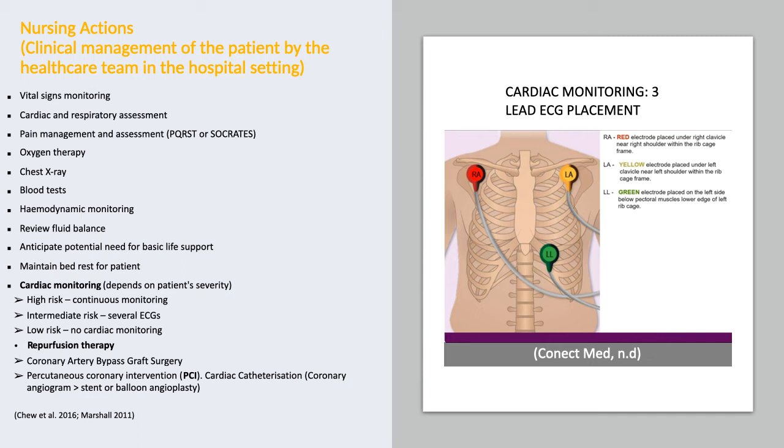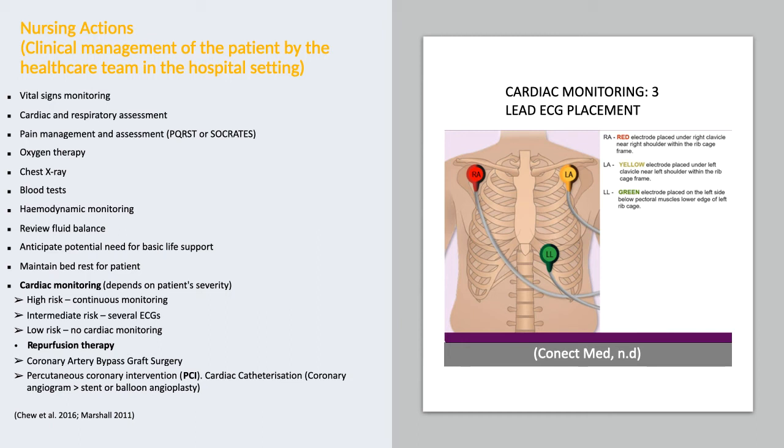Typical examples are vital signs monitoring, pain management and assessment, hemodynamic monitoring, fluid balance review, and cardiac monitoring via ECG. Vital sign monitoring is the most important and fundamental way to check a patient's signs, symptoms, and monitor for deterioration.